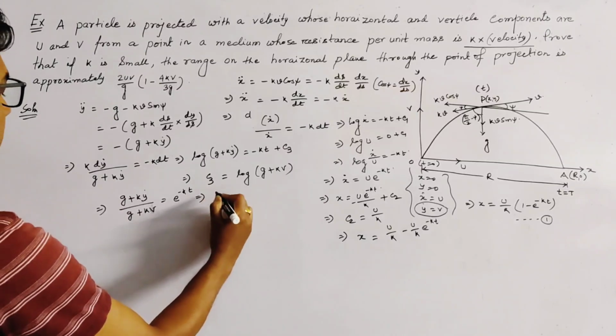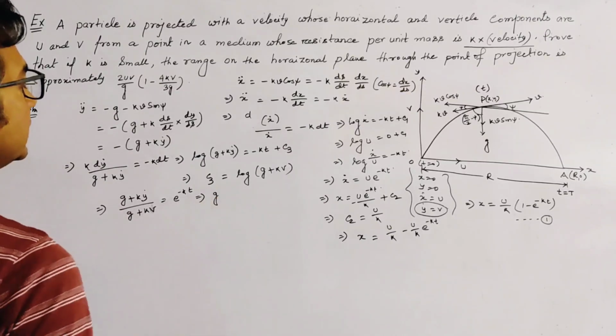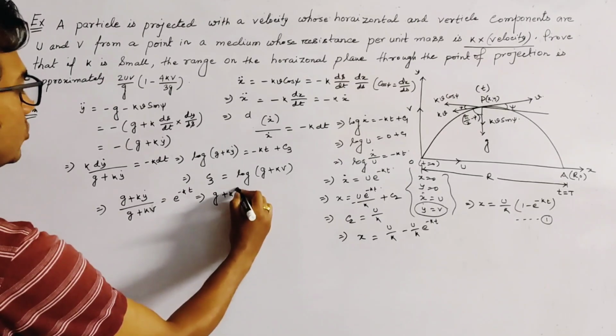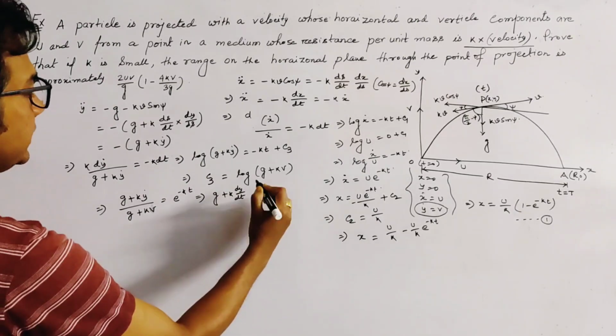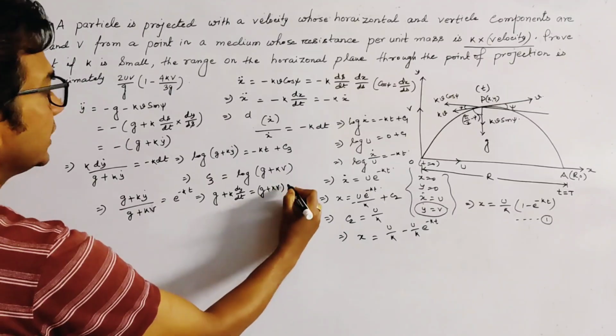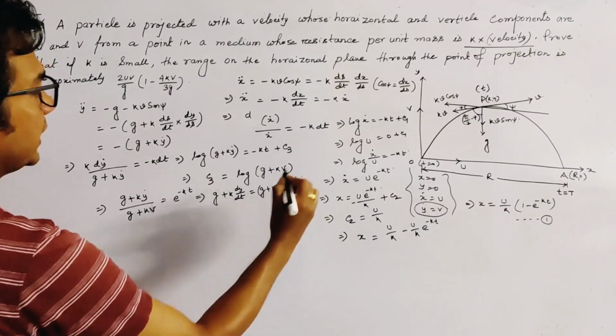That is, g plus k into dy/dt equal to g plus kV into e to the power minus kt.